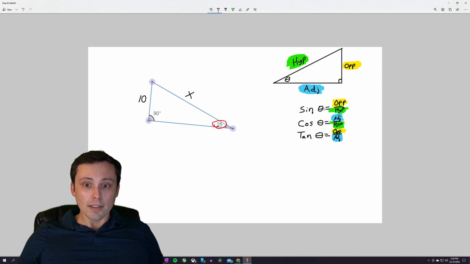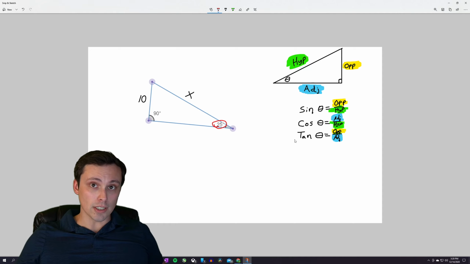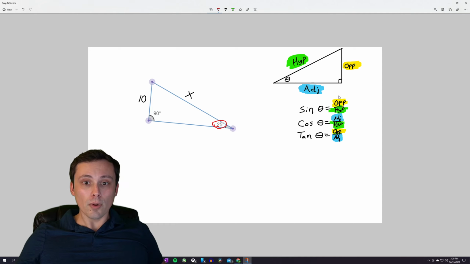The main thing to notice is that you need to decide whether it's sine, cosine, or tangent. Each of those is a ratio between two sides. There are three sides in a triangle, and you can pair them up three ways.